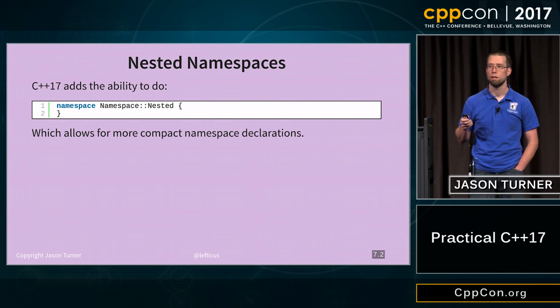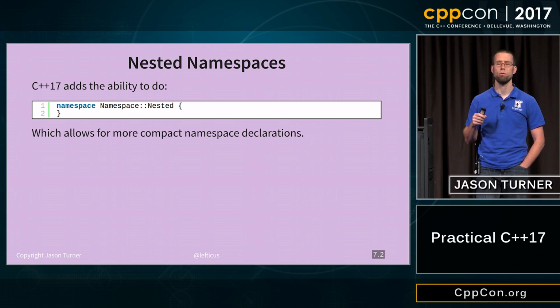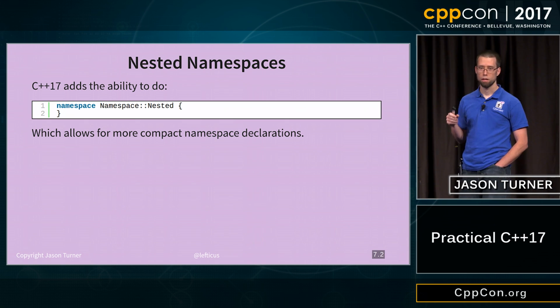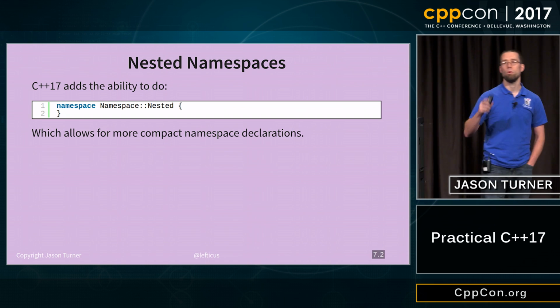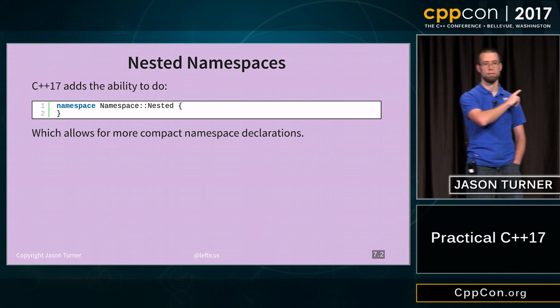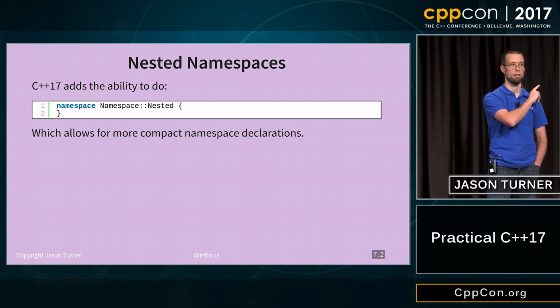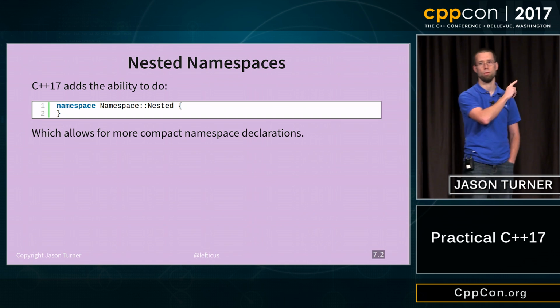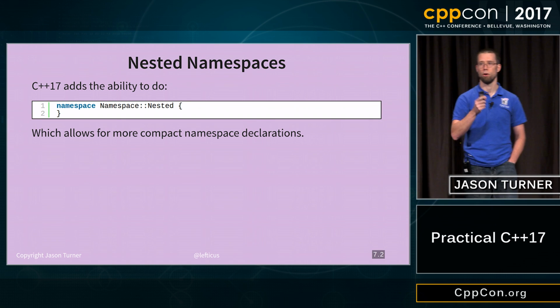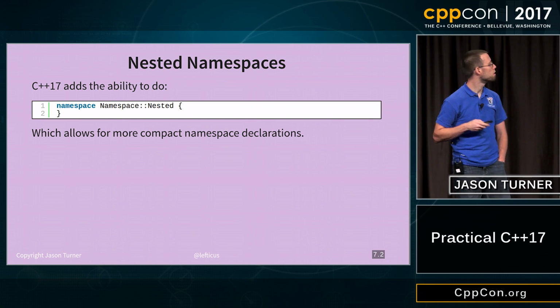Oh, I don't think you can. I can't think of any way that syntax could work. The question was whether it's possible to do an anonymous nested namespace like this. I don't believe so, because I don't think there's any way to give a name to a thing that you can't name.